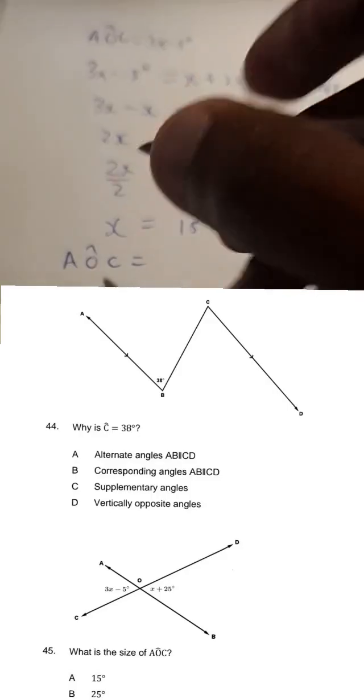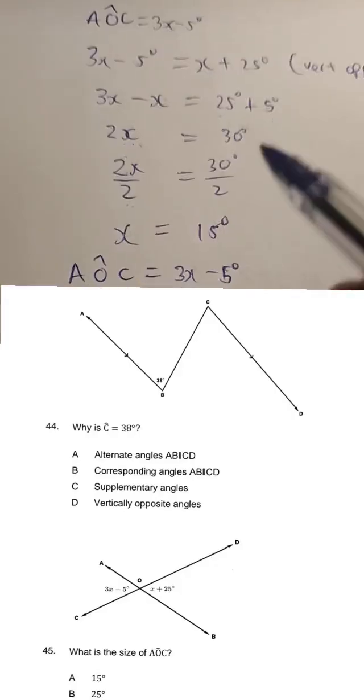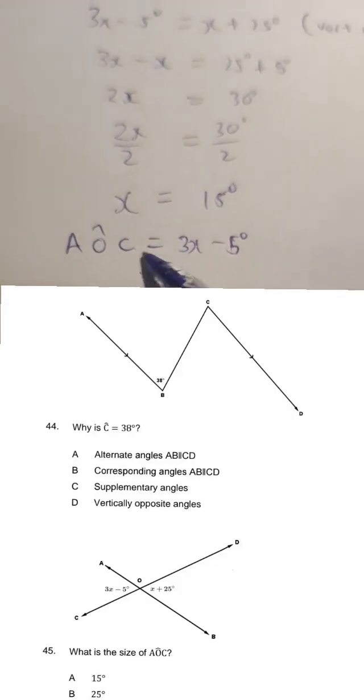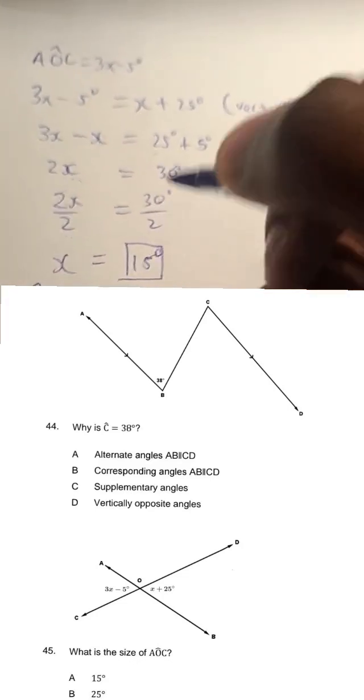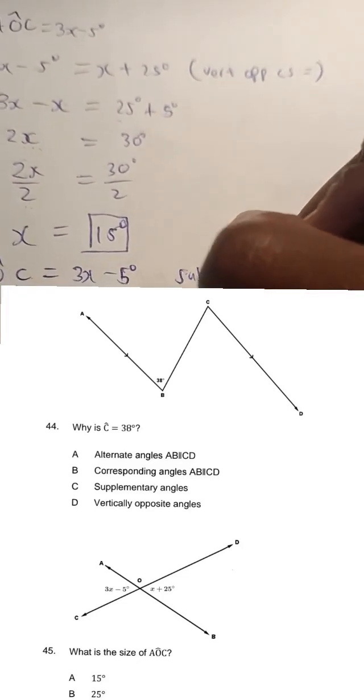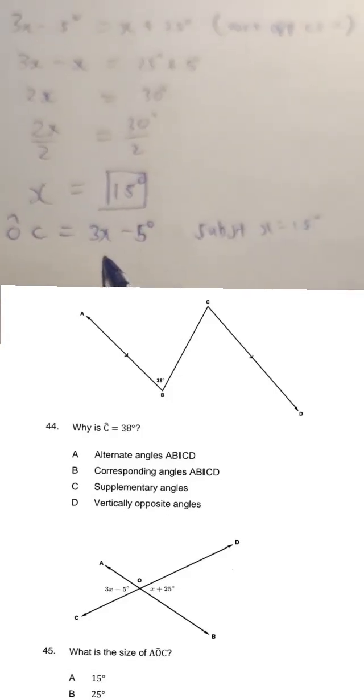Then remember, we were being asked what is the value of angle AOC. 3x minus 5 degrees was the value of angle AOC in terms of x. Now we have found the value of x, so we can now substitute x is equal to 15 degrees into the angle.